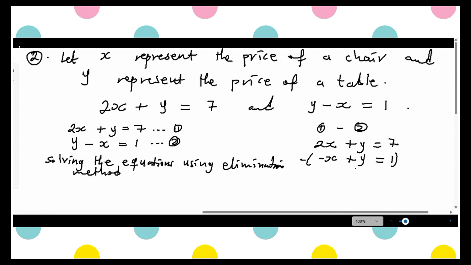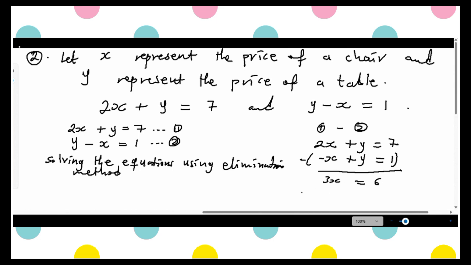Okay, now here, since we're subtracting equation 2 from equation 1, 2x minus negative x, the negative will give us positive, so we're going to have 3x. Okay, and then y minus y will give us 0. Then 7 minus 1 will give us 6.